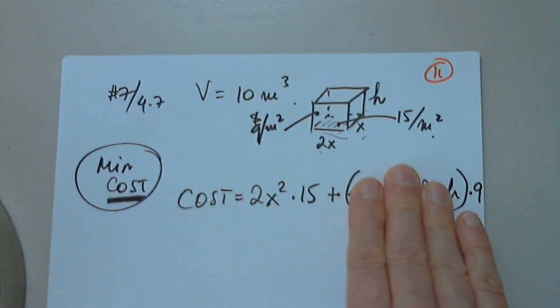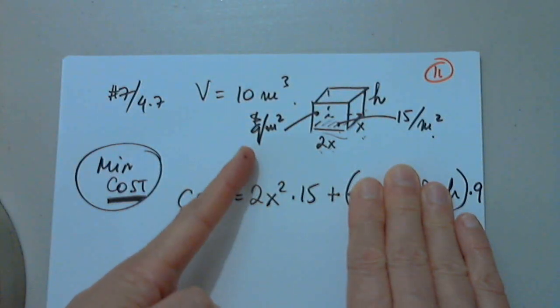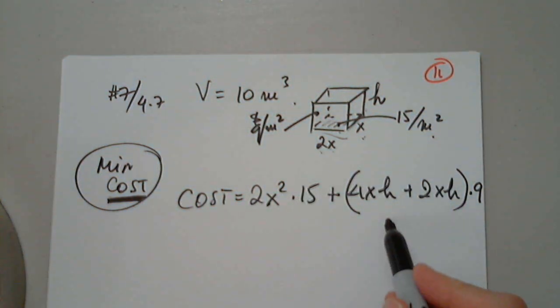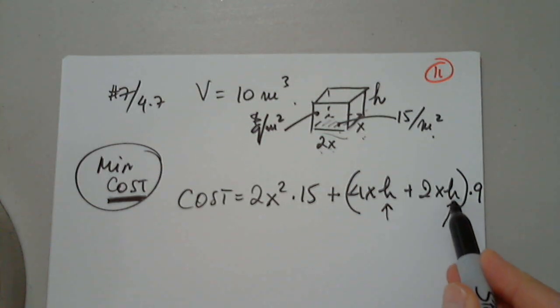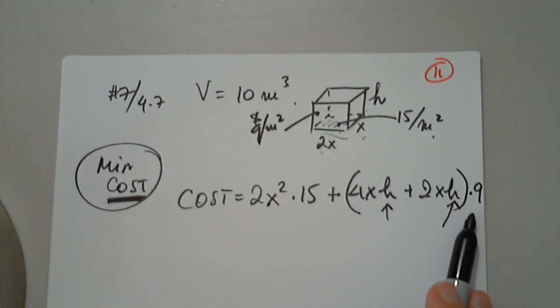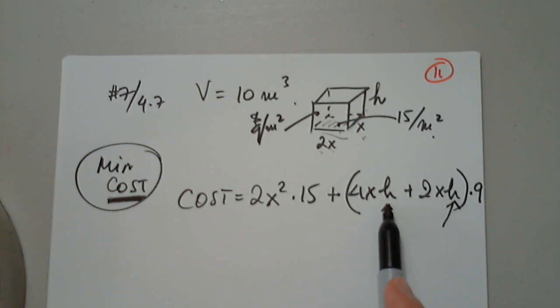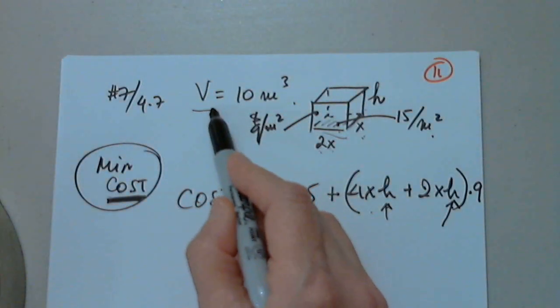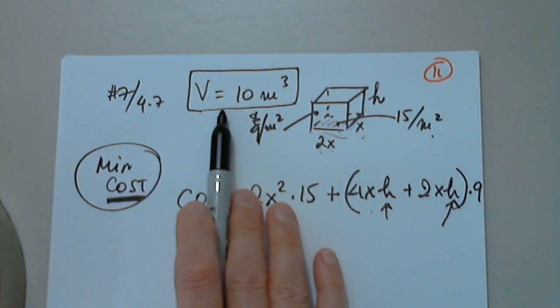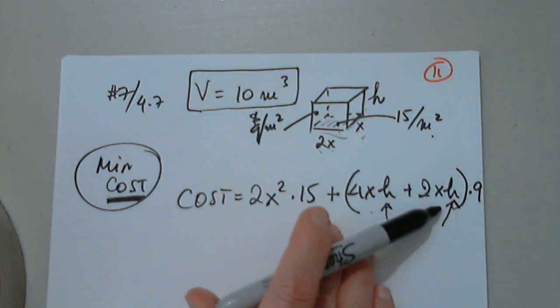I add this area, but I have to multiply by 9 per square meter. This is the cost function, and it only has one problem: I have a function with 2 variables. But this problem will go away. That's why this is given to us, to eliminate h.